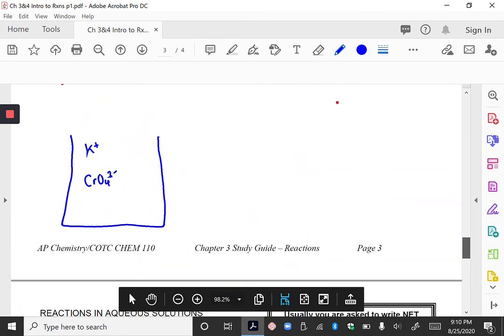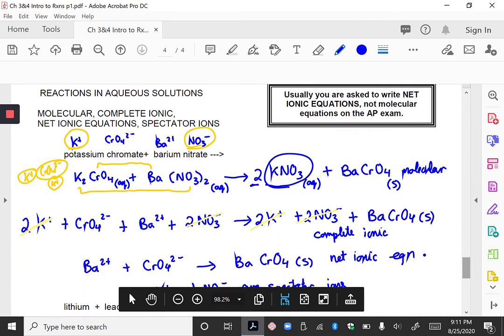Barium nitrate. So we had Ba2 pluses and NO3 minuses. So these were in solution, right? This is my initial solution. So my reactants here, I have this solution that has these ions, this solution that has these ions, so I mix them together, so I have all these ions swimming around in water, right?